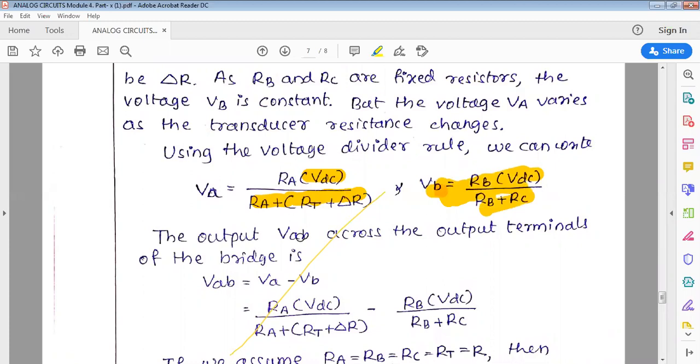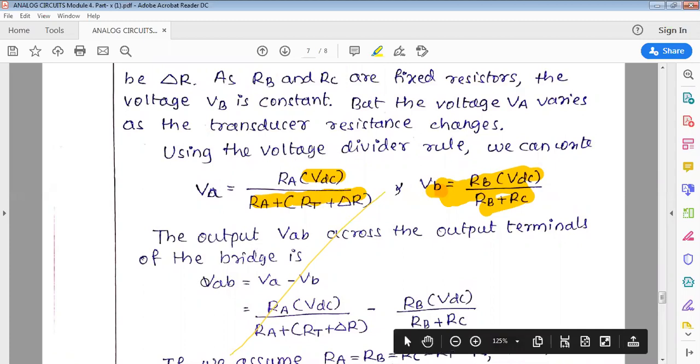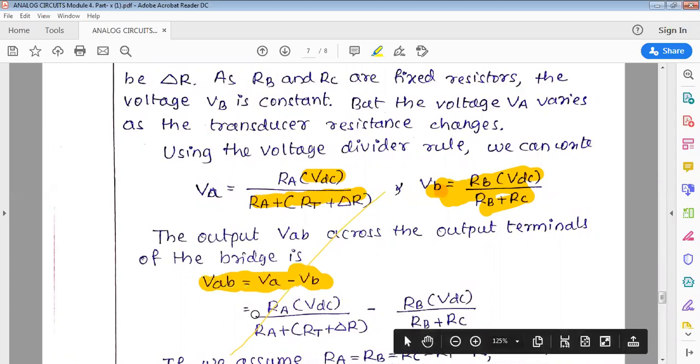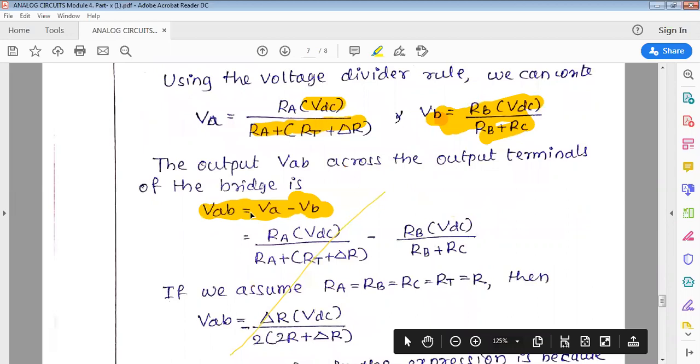Now, the output VAB across the output terminals of the bridge, I can write VAB equal to VA minus VB. Now, what is VA? This part, and VB is this part.